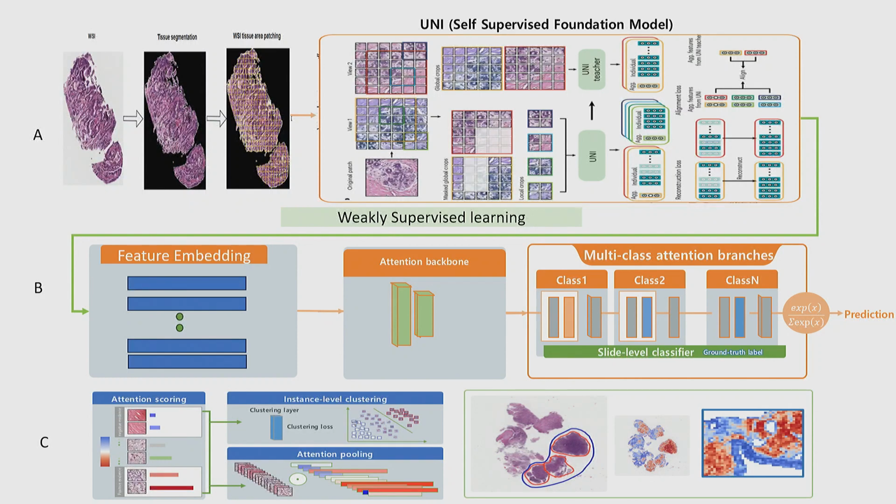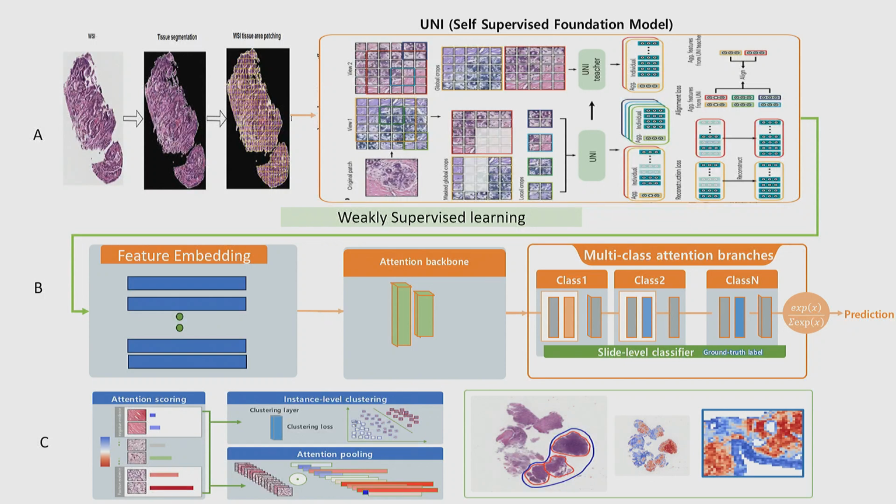The teacher network has the global view, and the student network also has two views, but some of the areas are masked, so that the student network tries to mimic and translate this part to match the teacher network, and it learns from the network.